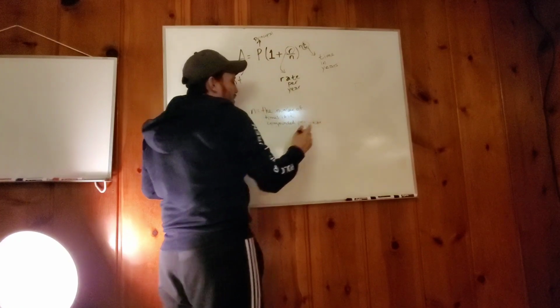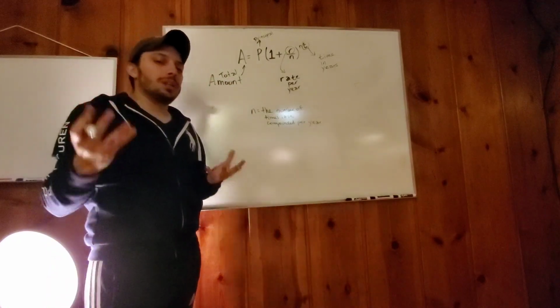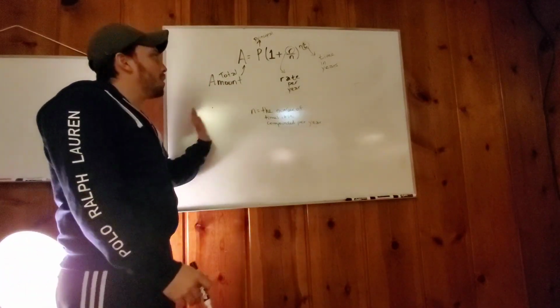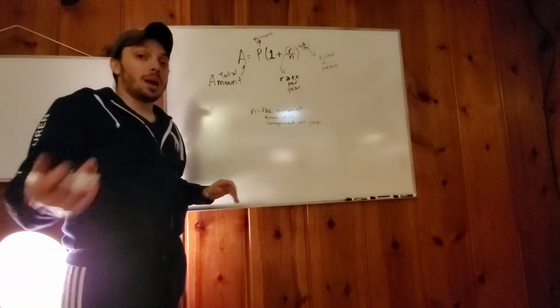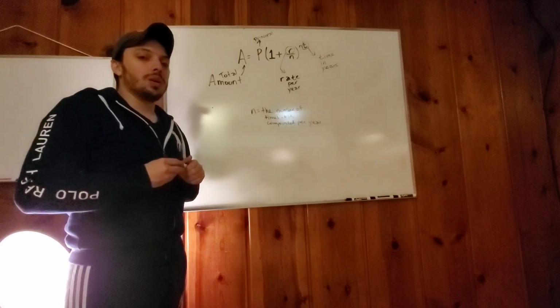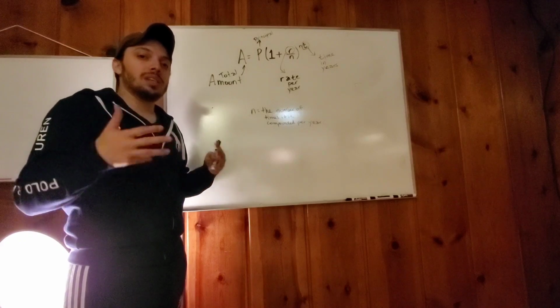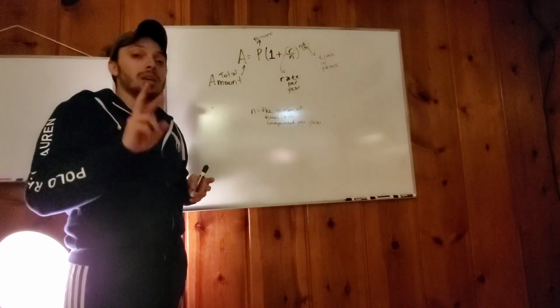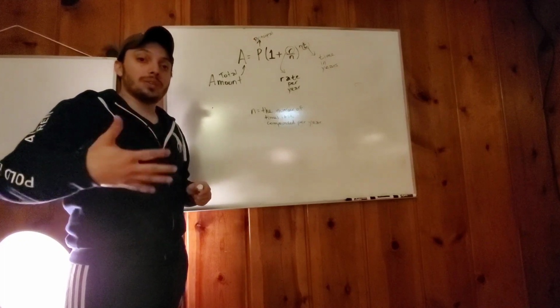This is a term that's kind of weird to understand, but if I'm going to do an investment that is a compound interest investment, they will give me a rate per year, but they will say that it is only compounded semi-annually. Semi-annually means 2 times a year, so every 6 months.